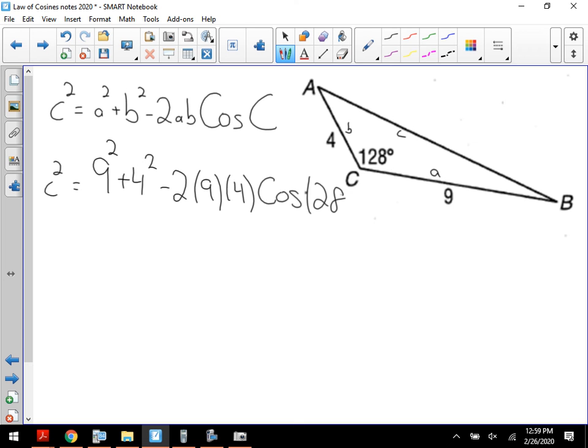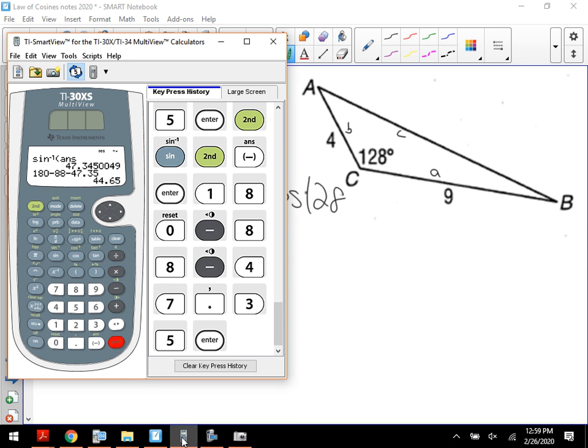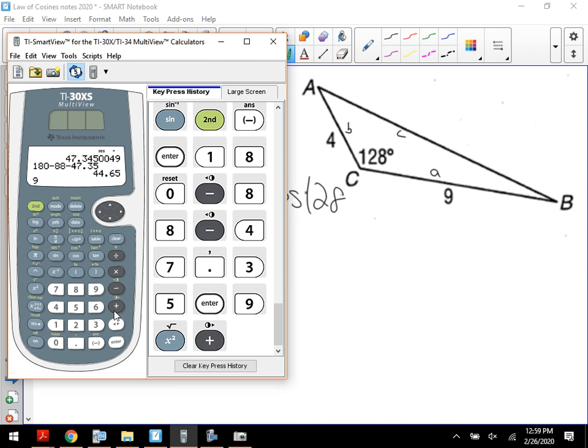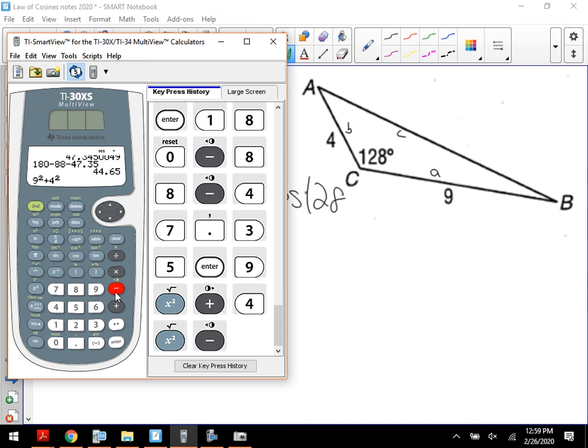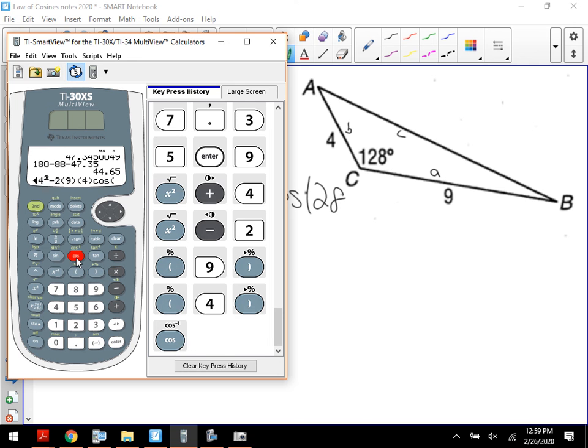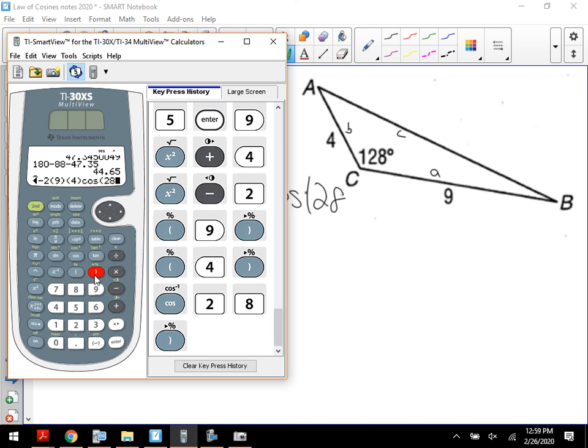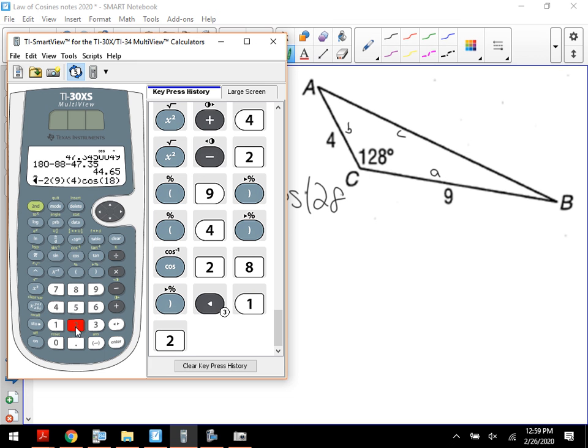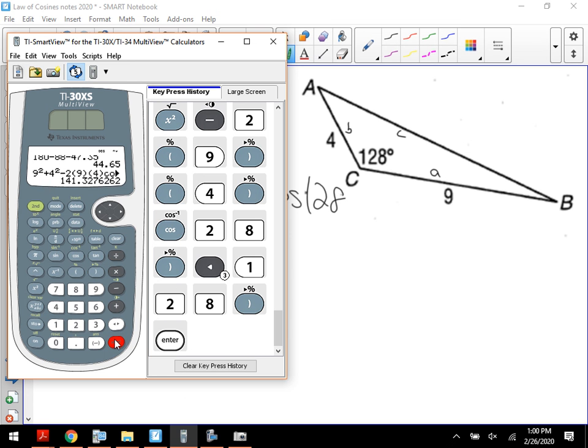And it's a lot of buttons. 9 squared plus 4 squared minus 2 times 9 times 4 cosine of 128. Oops, I just typed 28 by mistake. My c squared equals 141 and change.